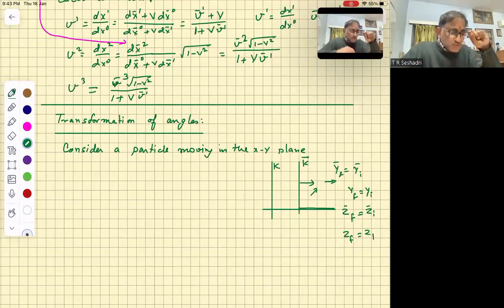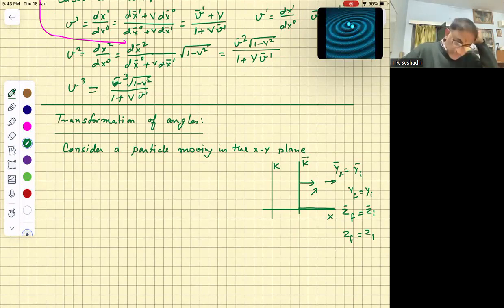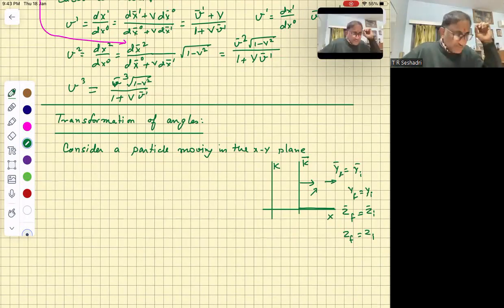I can always rotate my coordinate system about the x-axis in such a way that the movement of the particle is confined to the xy plane. Right? So at that instant, it is the xy plane.